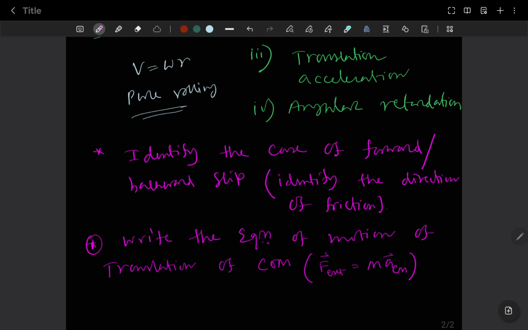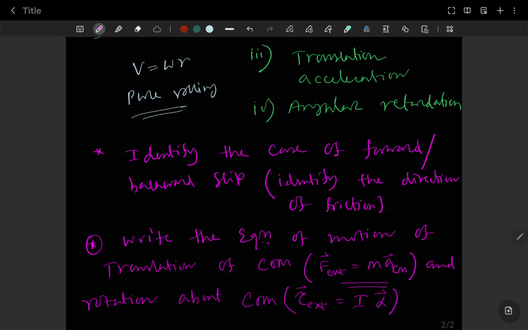We have already derived this thing for an extended object in the chapter on system of particles. Here the rigid body is the extended object, the rolling body. Okay, so the translation of center of mass and rotation about center of mass, which is external torque equals I alpha.